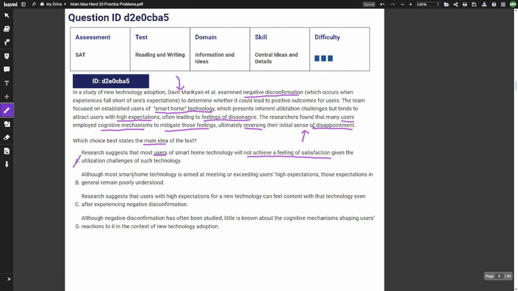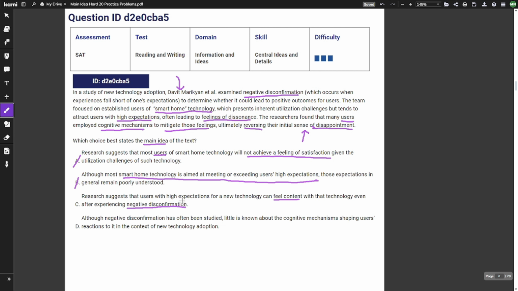B, smart home technology is aimed at meeting or exceeding users' high expectations. It never says that. Now, it does say that smart home technology attracts users with high expectations, but it never says that it's aimed at meeting or exceeding those expectations. So it's not going to be B either. C, users with high expectations can feel content with technology even after experiencing negative disconfirmation.